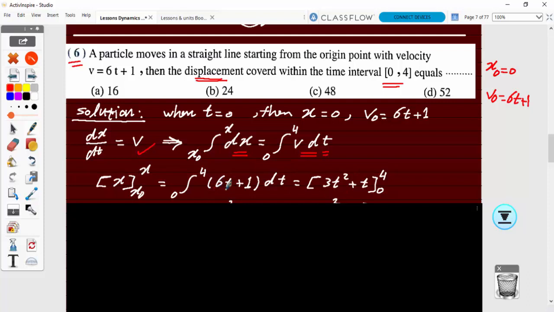The integration of 6t is 6t squared over 2, which equals 3t squared. And we write 3t squared. Integration of 1 dt equals t.